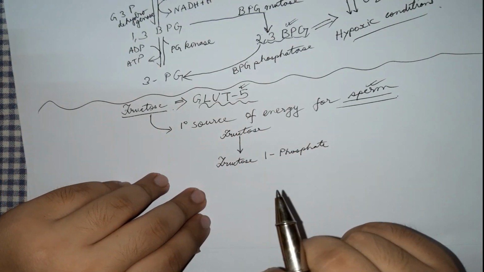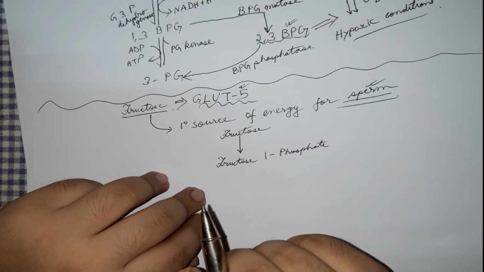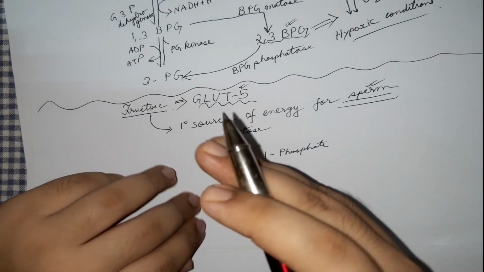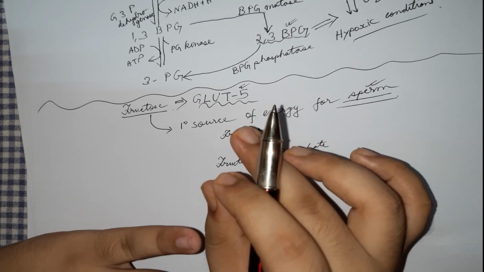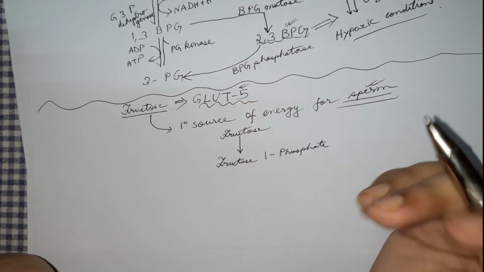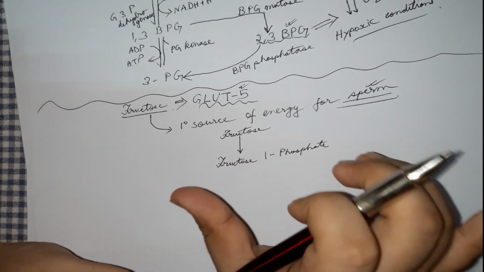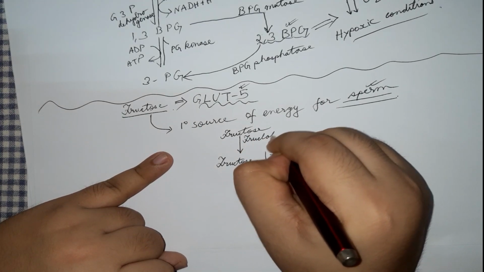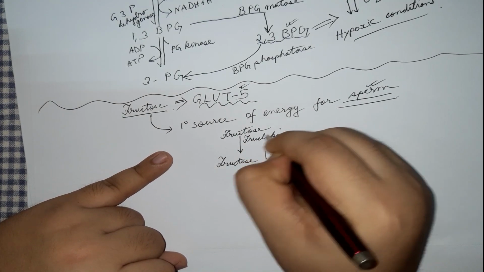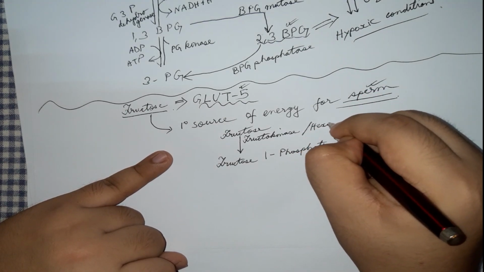So what's the enzyme needed here? Obviously it's a kinase. What kinase? If you remember, in the case of glucose, the kinase was either glucokinase or hexokinase. Similarly, here the kinase is fructokinase or hexokinase.